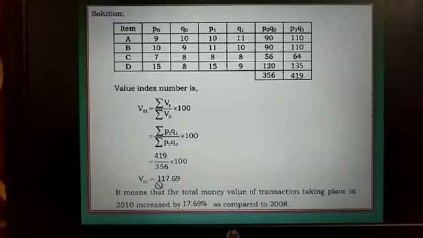So 100 is for base year already. In current year, whenever you are telling how much it is increased, you are writing, so that 17.69% increase in money value of transaction in 2010, which is current year, as compared to 2008, which is base year. Hope you are following me, students.